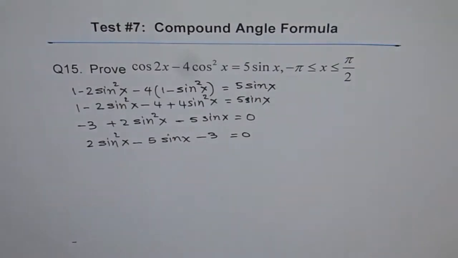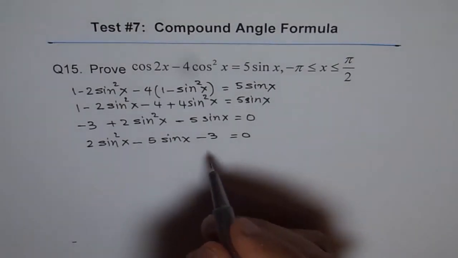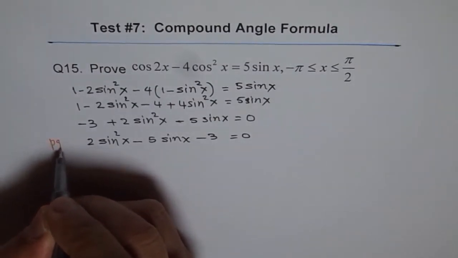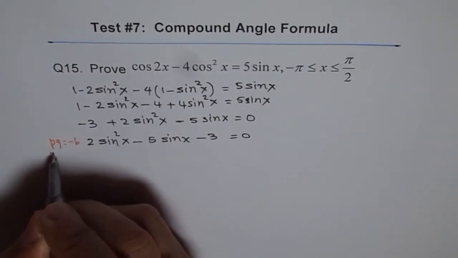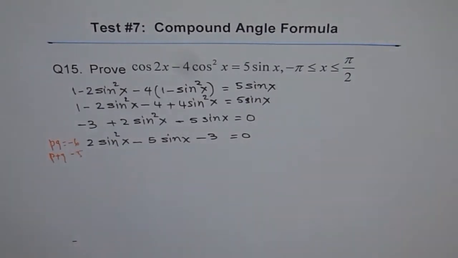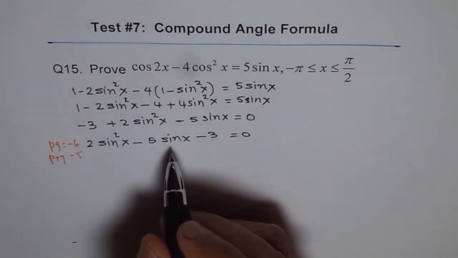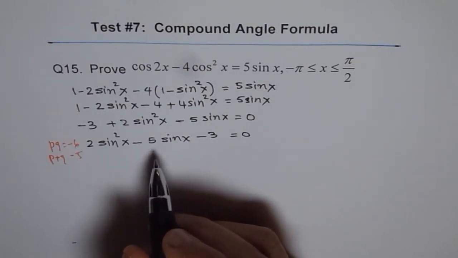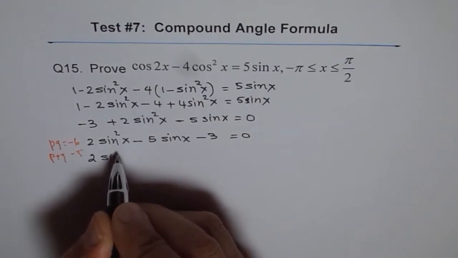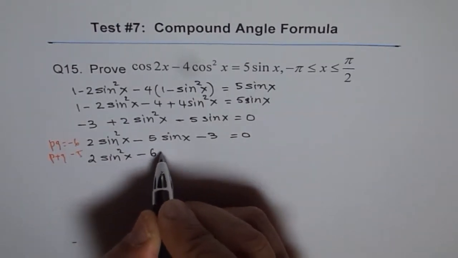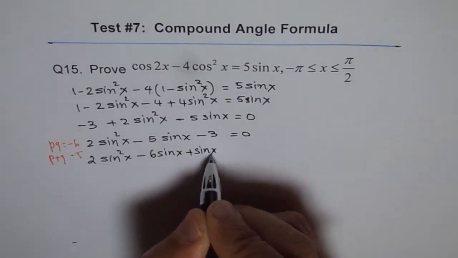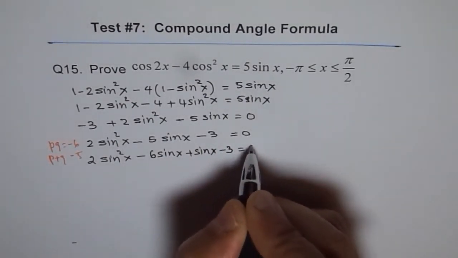And we can always factor it, correct? To factor it, we need two numbers whose product is minus 6 and whose sum is minus 5. That is satisfied by minus 6 and 1. So we can decompose the center term as minus 6 sine x plus sine x, minus 3 equals 0.